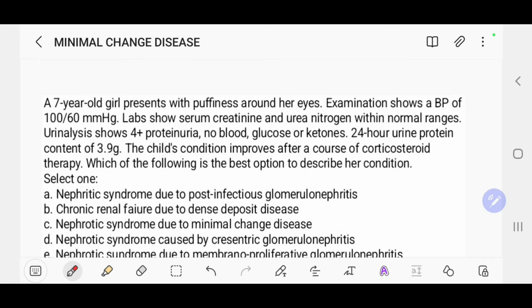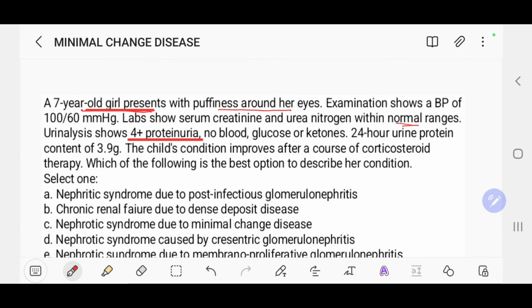This is a 7-year-old girl. Remember, as I said, minimal change disease is most common in children, so this is the main point. She presents with puffiness around her eyes, so edema is there. The examination showed a BP of 100/60. The lab shows serum creatinine and blood urea nitrogen are normal. The urinalysis shows 4 plus protein.